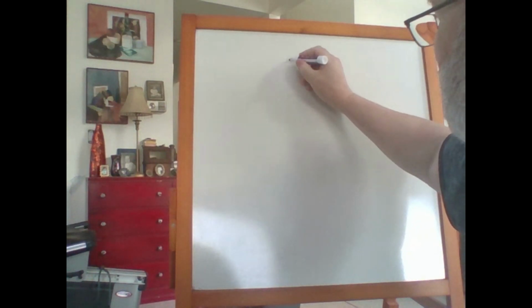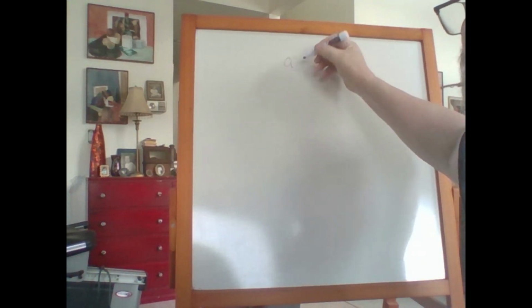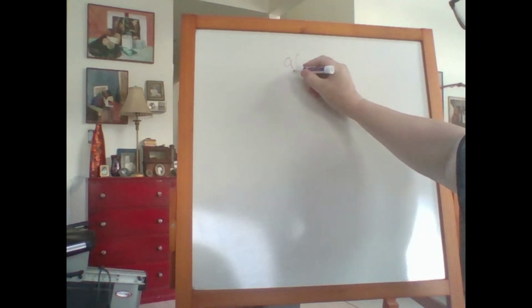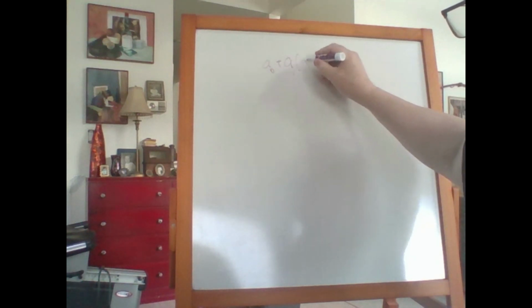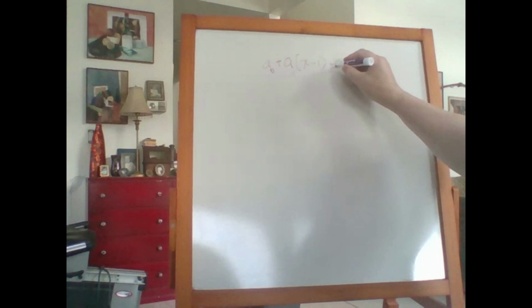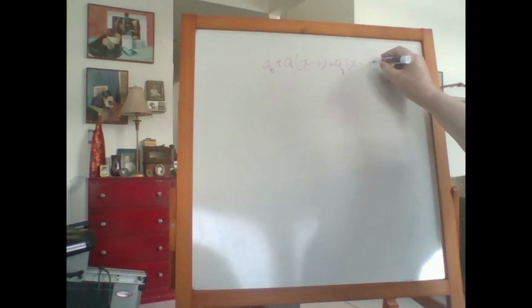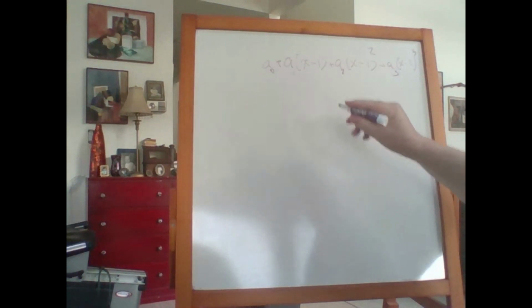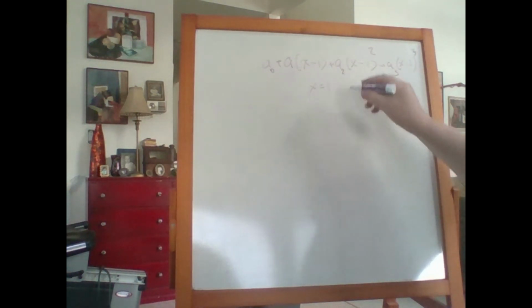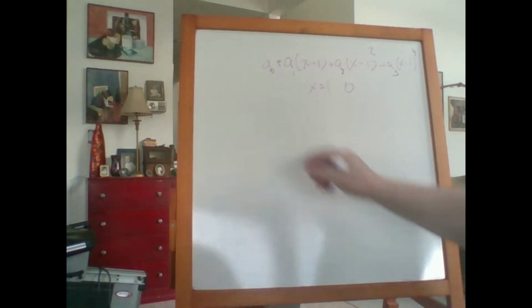I think this was pretty cool stuff. I really enjoy these Taylor series. The Maclaurin series, I think, is not too different. Instead of a, let's say a1, you've got a naught plus a1 times x minus 1 plus a2 times x minus 1 squared plus a3 times x minus 1 to the third. And you set x equals 1 for the zeros.